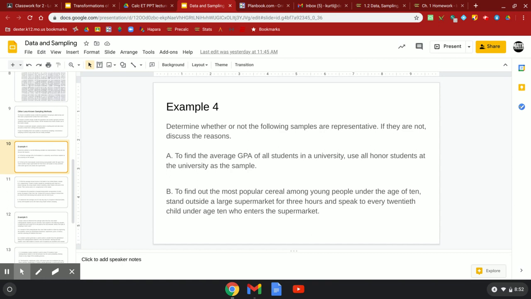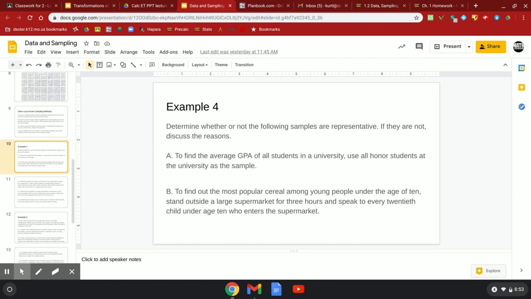So, for example, in part A right here, it says to find the average GPA of all students in the university. I'm going to use just all the honor students at the university as the sample. That's not a very good idea of what it's going to give me for the average GPA of every student. If I do just the honor students, it's going to be really inflated.